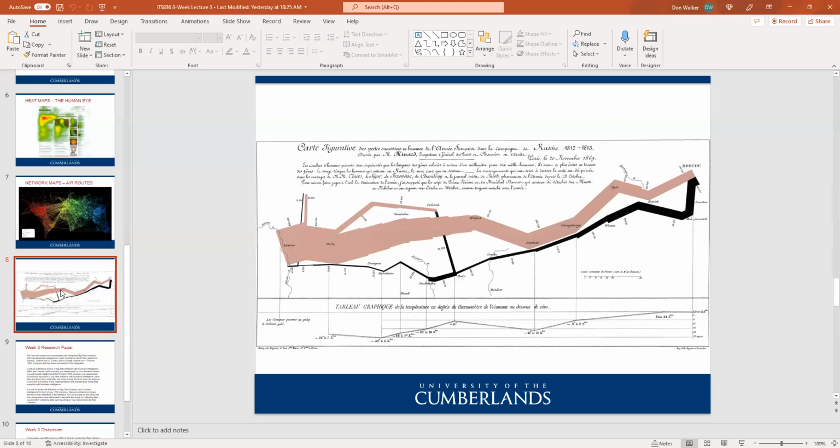And pretty sure it's 10,000 soldiers got back to the river where they began, where 400,000 had left with Napoleon.